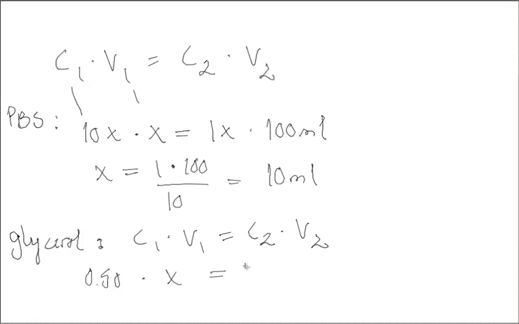We want the final solution to have the concentration for glycerol to be 20%, that's 0.20, and the volume was 100. As with the PBS, it's the same solution. Then the X will be 0.20 times 100 divided by 0.50. So the X will be 40 milliliters. So we will take 40 milliliter of the glycerol from the stock solution.